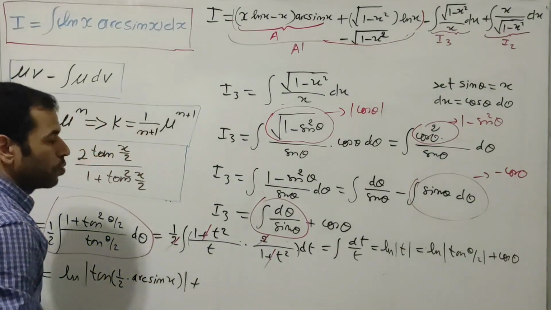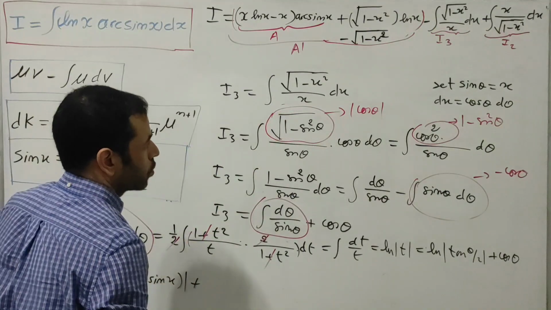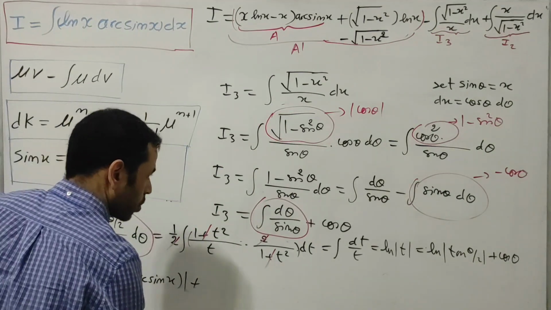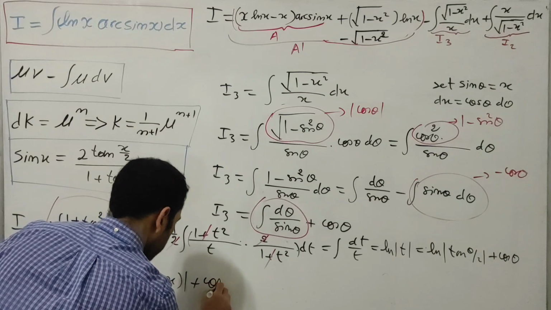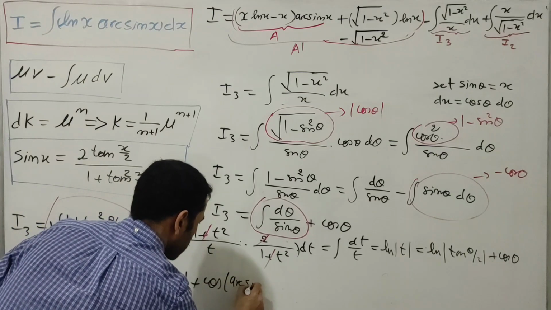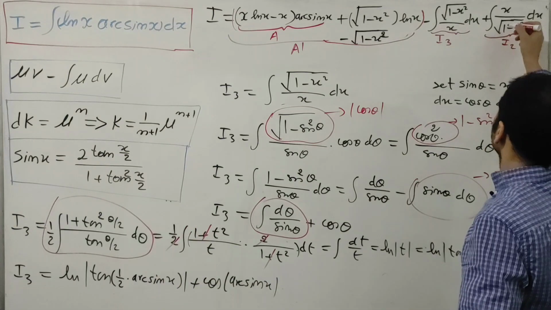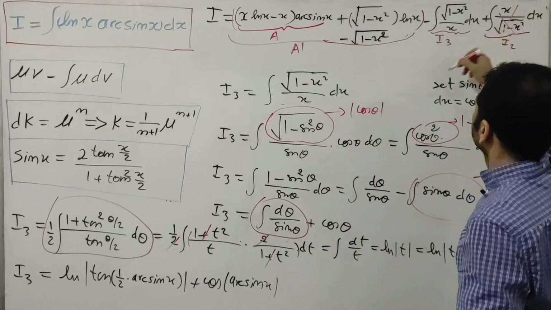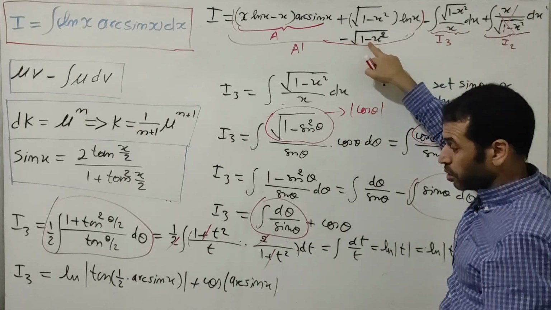So cosine theta will be replaced as well, so I will have cosine of arc sine of x. This term is already calculated. We don't need it here because it was replaced with this one here.